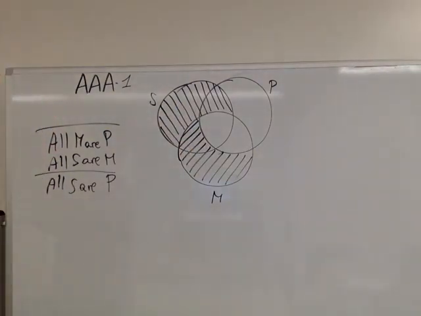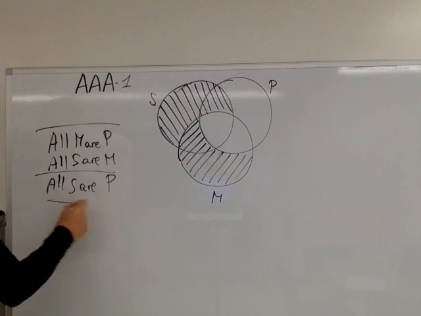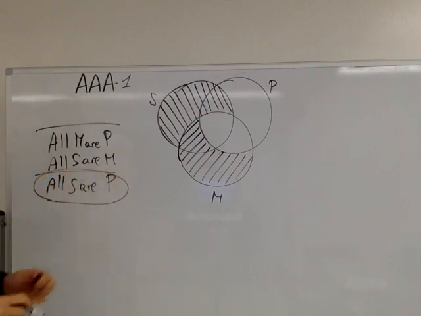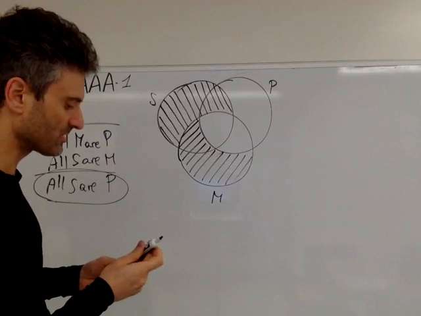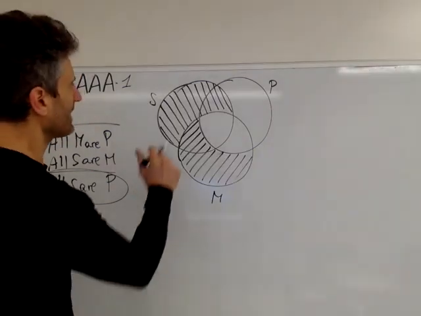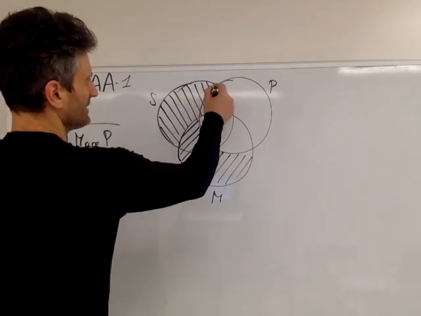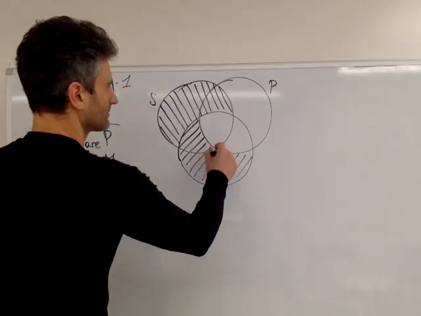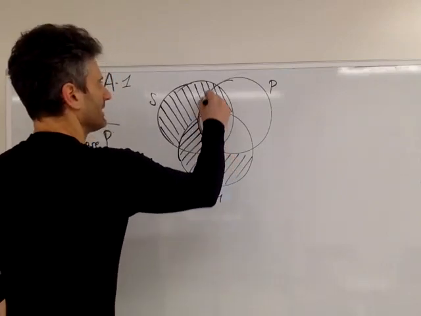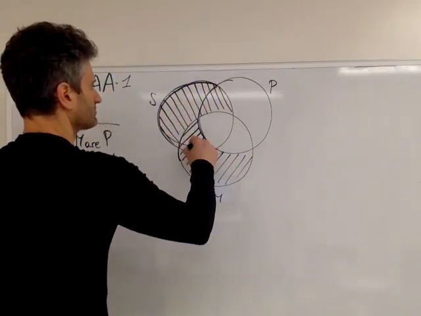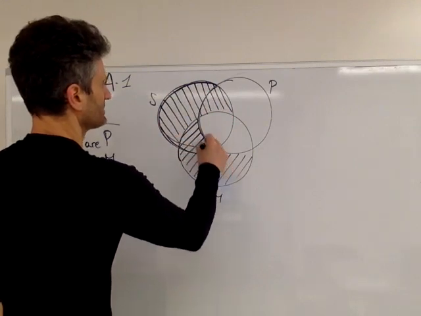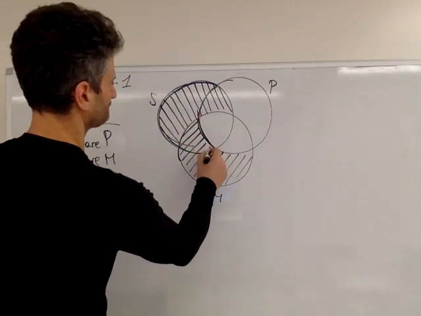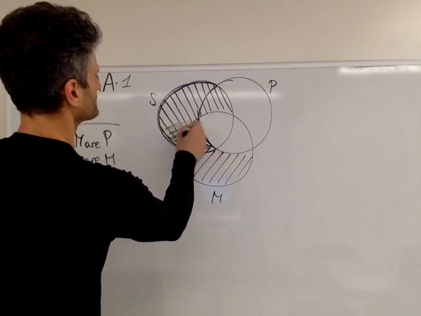Because what is the conclusion? The conclusion is all S are P. And remember that all S are P requires that area 1 of S is completely shaded. And it is. Okay? It is completely shaded. See that?